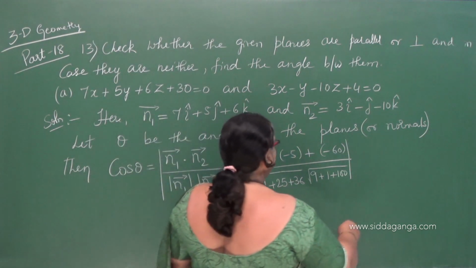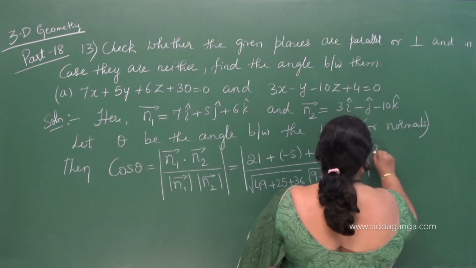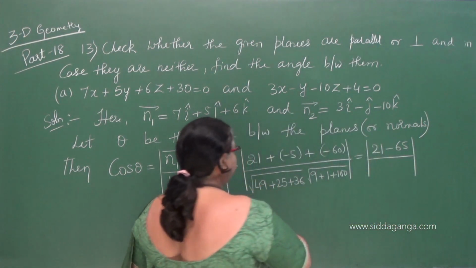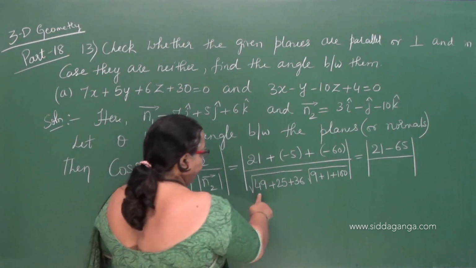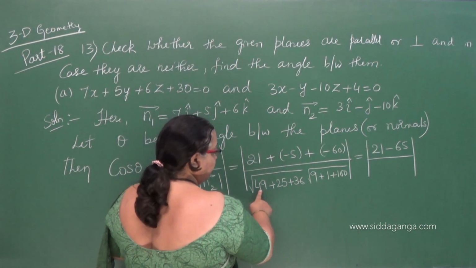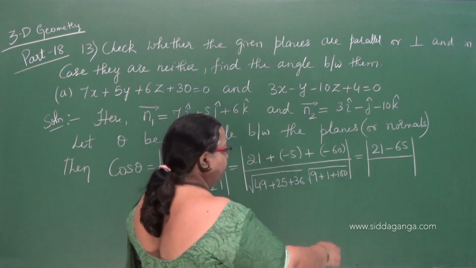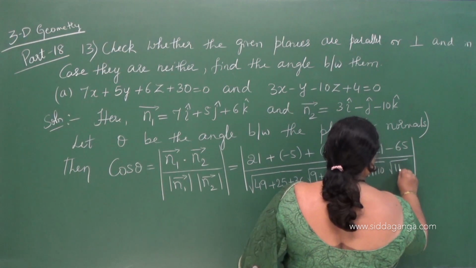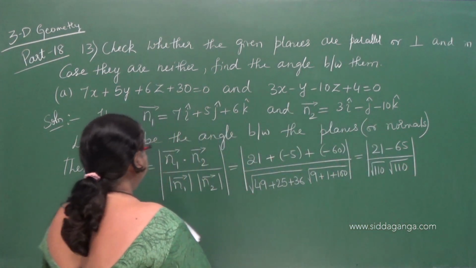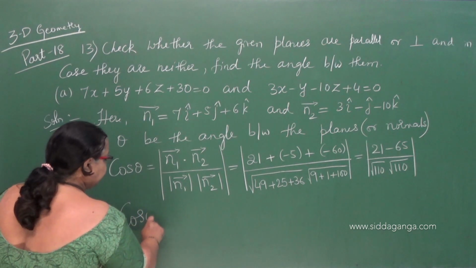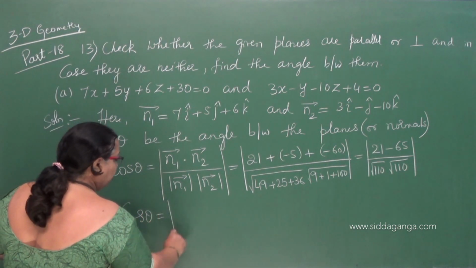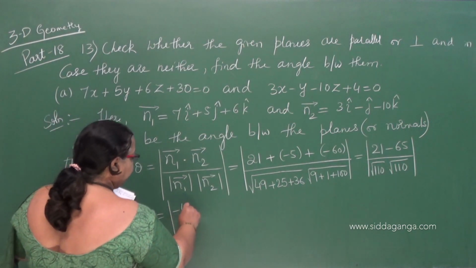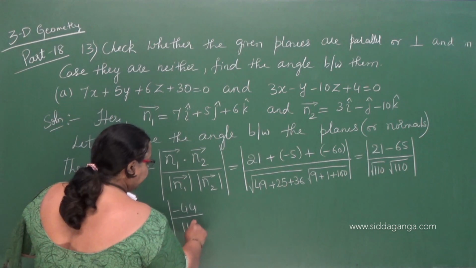Now this is equal to 21 minus 65, divided by root, if we add this we get 110, root 110 into root 110. That is cos theta equal to modulus of numerator, 21 minus 65, that is minus 44, divided by 110.